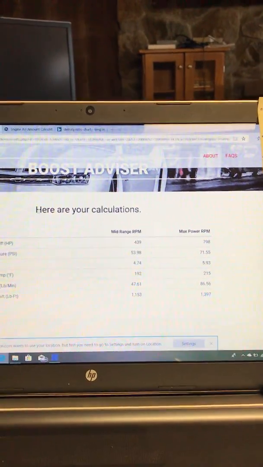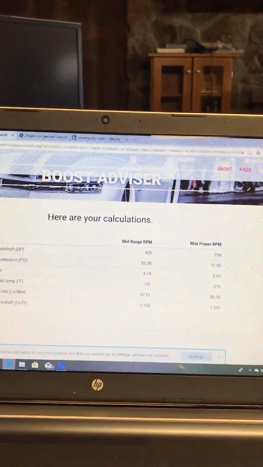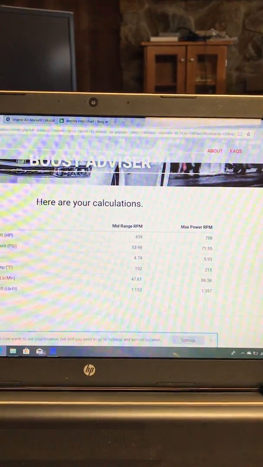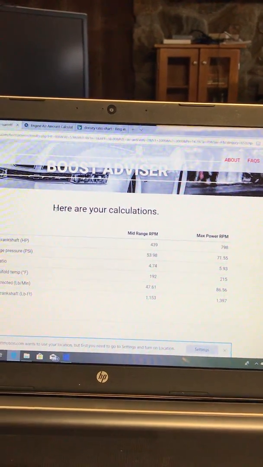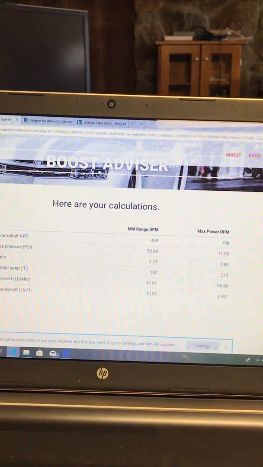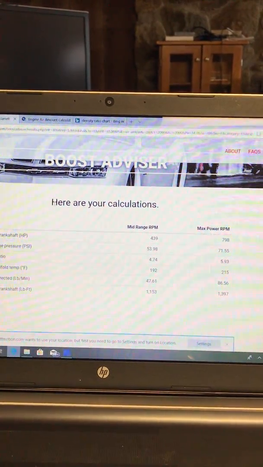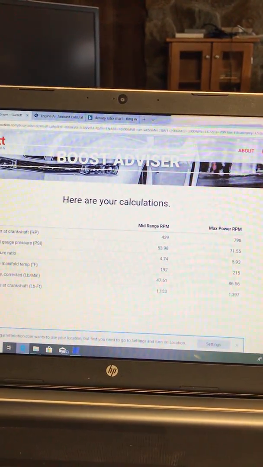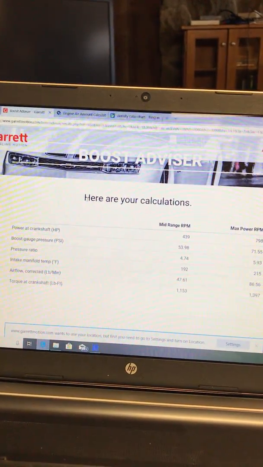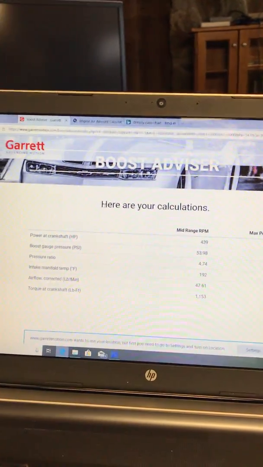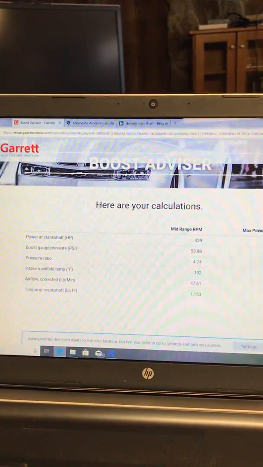So if you take air that's at 14.7 or 15 pounds and you compress it to 30 pounds on your gauge, that's a 3-to-1 pressure ratio, and the laws of thermodynamics say that when you compress air by that much, you're going to heat it. And guess what? The hotter air gets, the less dense it gets. Air molecules are moving, and at 59 degrees, they're moving a certain distance, and then at 350 degrees, they're moving a larger distance.